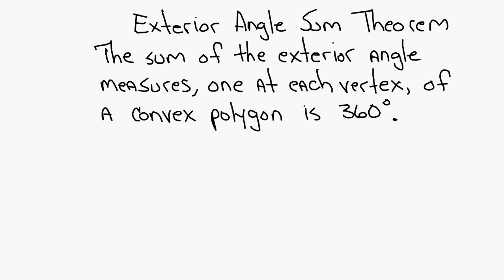So the sum of the exterior angle measures, one at each vertex, of any polygon and all convex polygons, is 360 degrees.